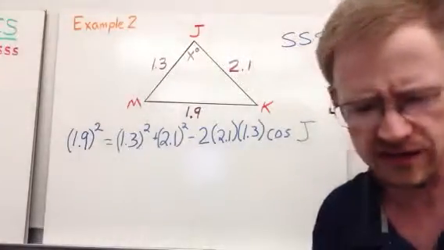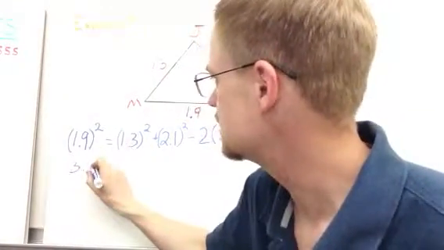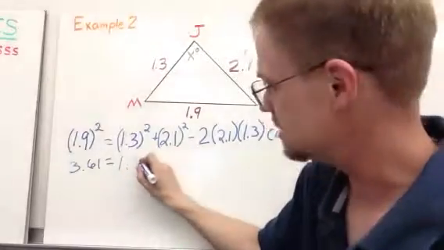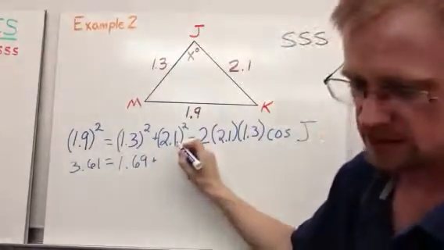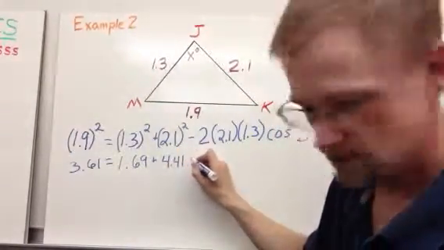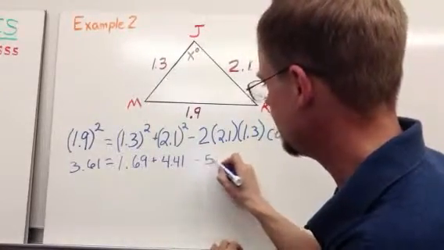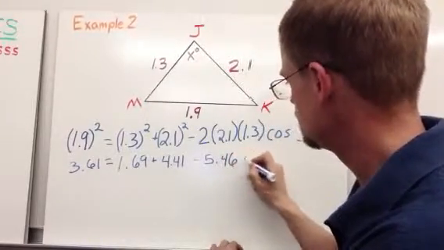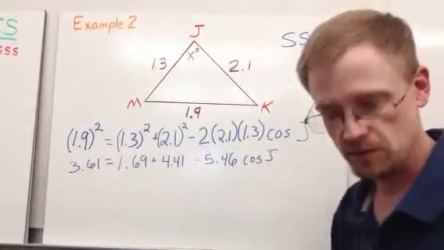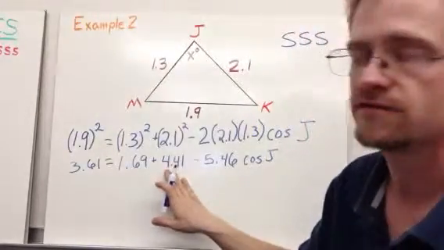I've done a lot of the calculations ahead of time. So 1.9 squared is 3.61, equals 1.3 squared, which gives us 1.69, plus 2.1 squared, which is 4.41. And I'm going to multiply all this together, so we subtract 5.46 times the cosine of J. We keep working to get the variable by itself, so I subtract both of these numbers, the 1.69 and the 4.41.